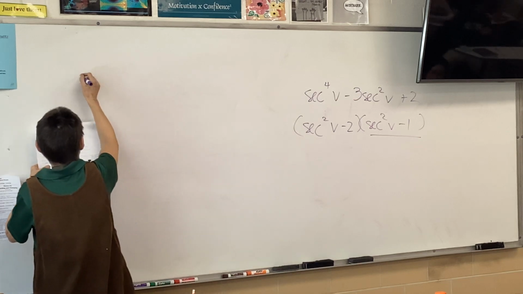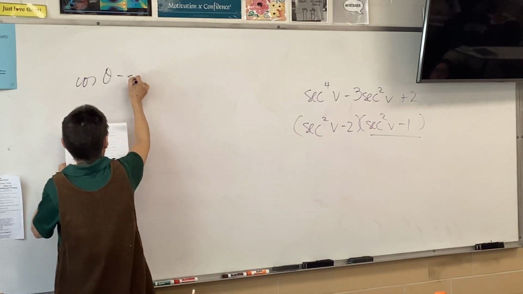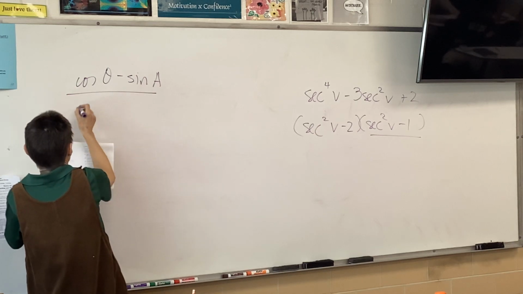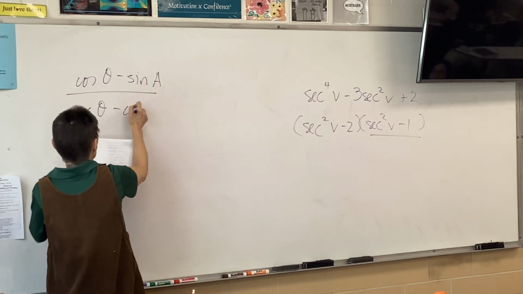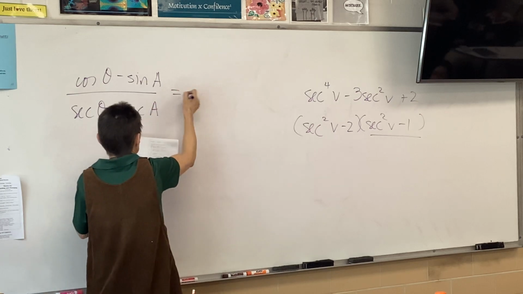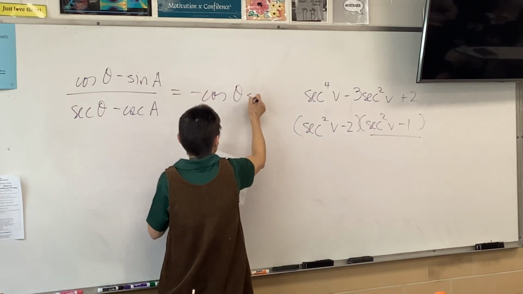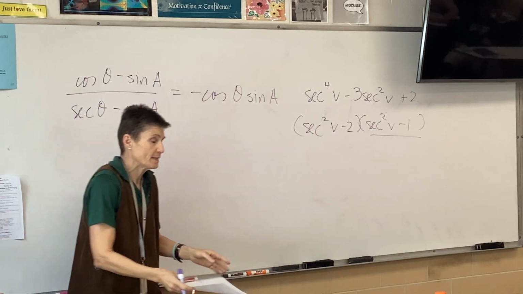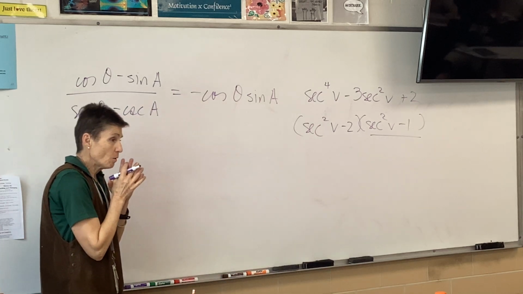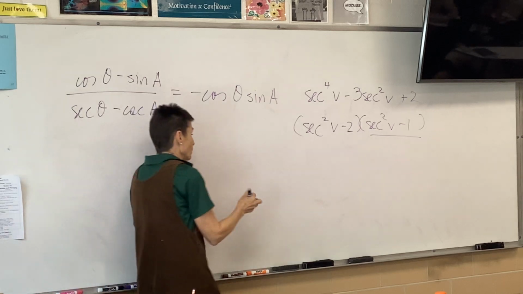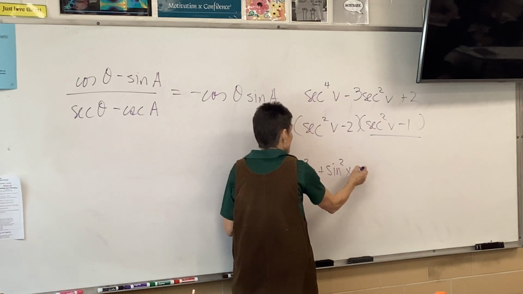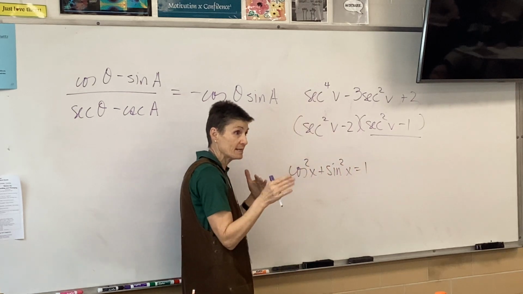All right, last one. We haven't done one with 2 variables in it. So let's try one with 2 variables. The only difference here is, when we had a cosine squared and a sine squared, we just automatically made that 1 because it is.